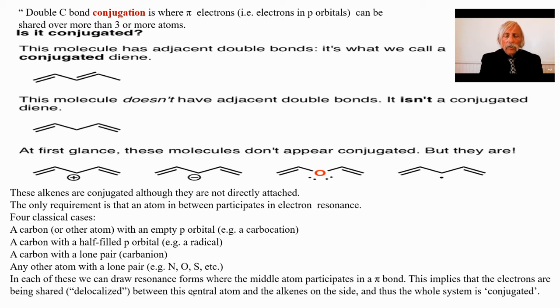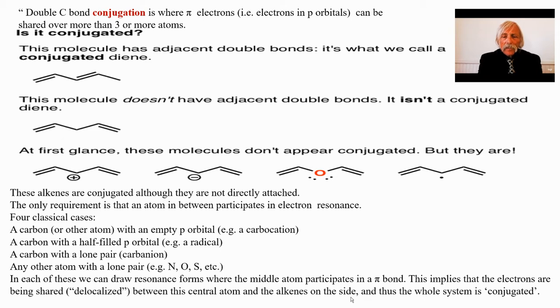In each of those, you can draw resonance forms where the middle atom participates in that pi bond, that p orbital, and that implies that the electrons are being shared or delocalized. The same kind of isomery happens in ring-structured compounds.